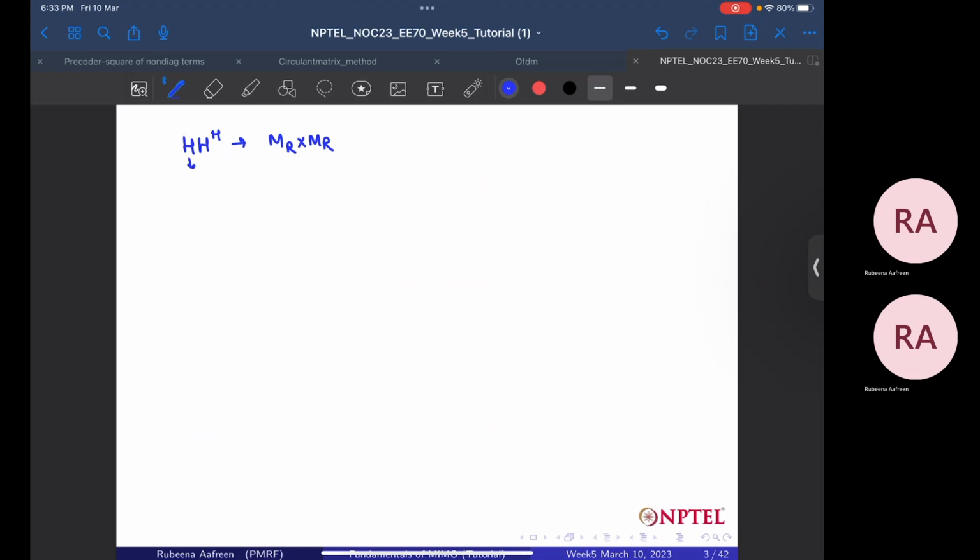Okay. So when we decompose H H Hermitian, this can be decomposed as Q lambda Q Hermitian, where lambda is the diagonal lambda 1, lambda 2 up till lambda MR. Okay.